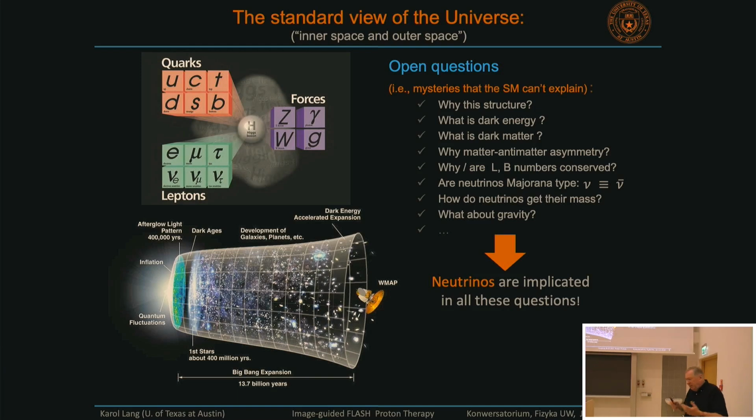And quite amazingly, neutrinos seem to play a fundamental role in perhaps answering many of these questions. They are, as I say here, implicated in some solutions to some or maybe all of these puzzles. They are an ingredient of these future solutions.